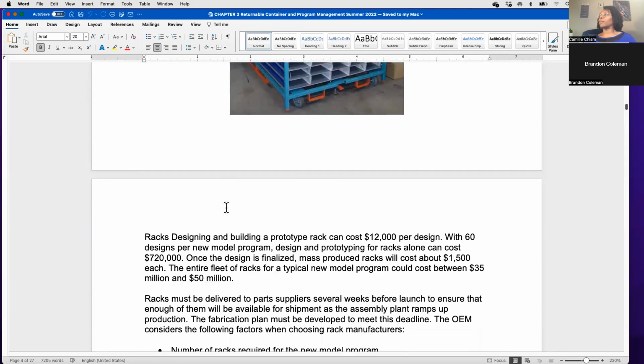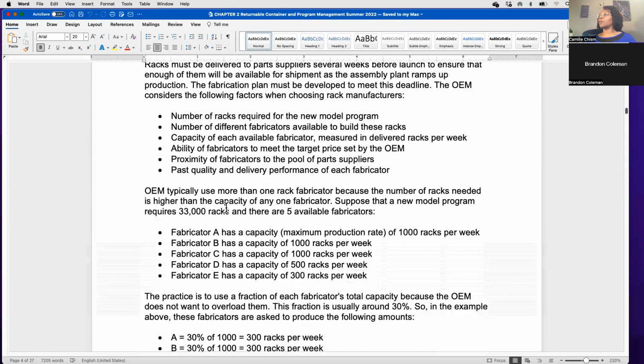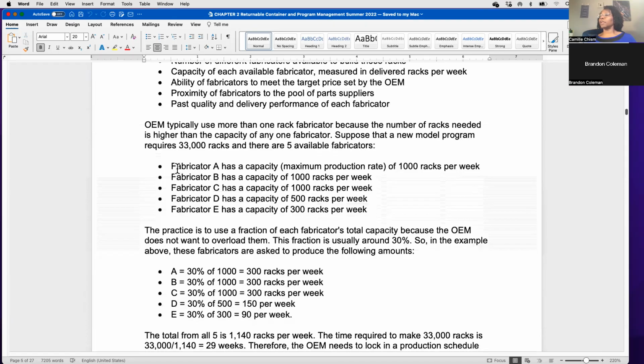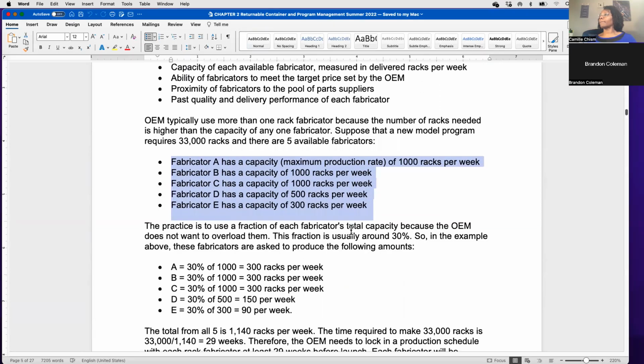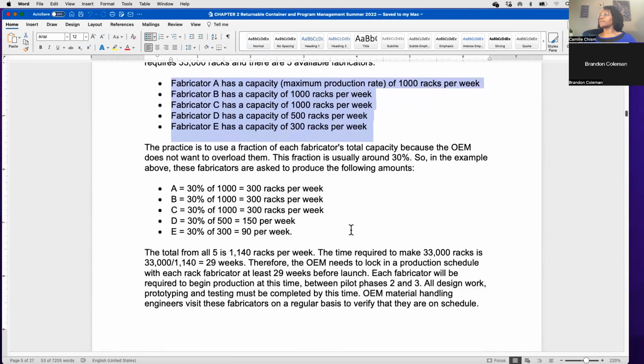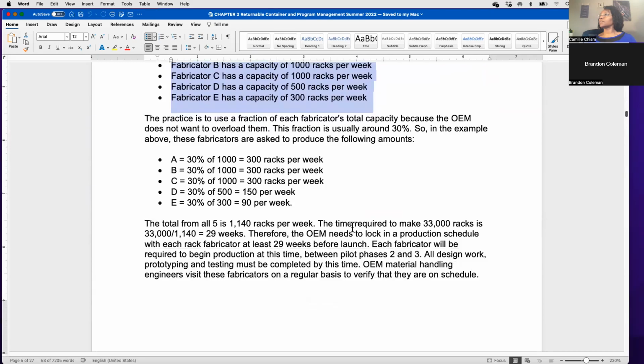Okay, so that one homework question that we talked about, this is really where you're looking at the different fabricators and their current capacity. The current scenario is talking about 29 weeks.